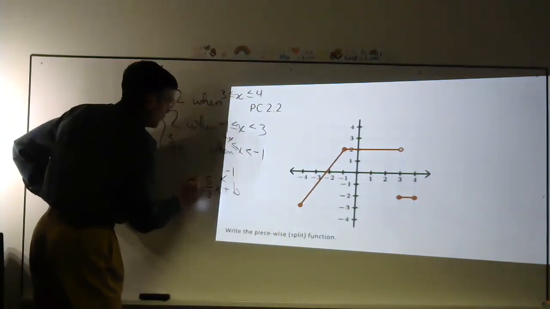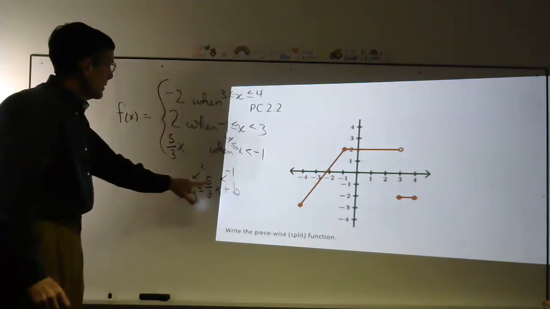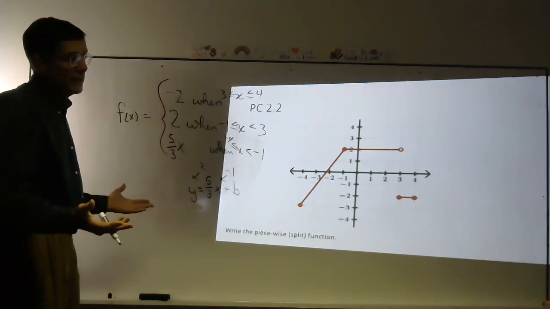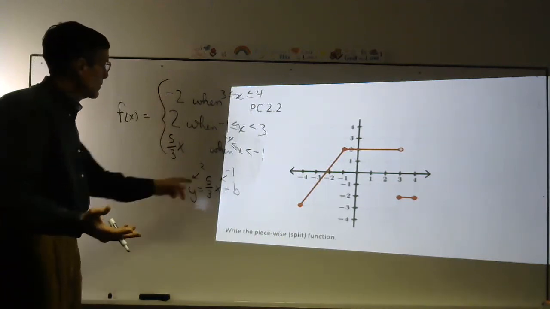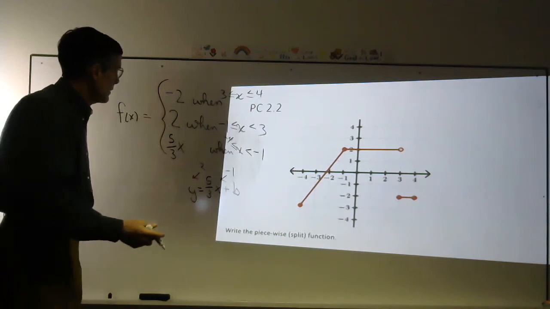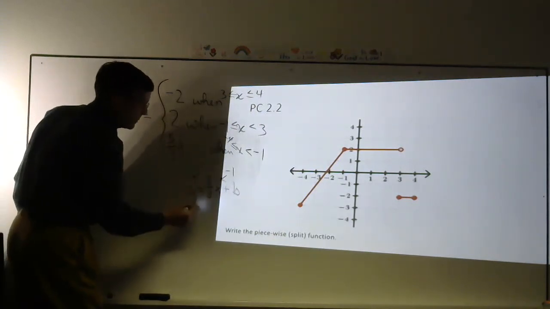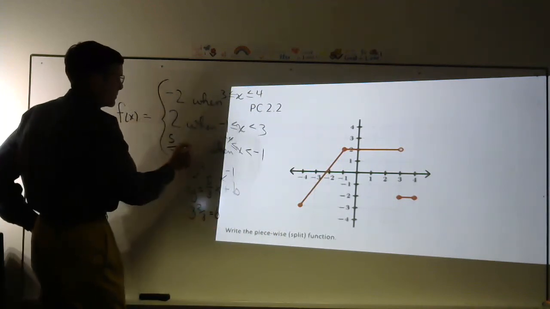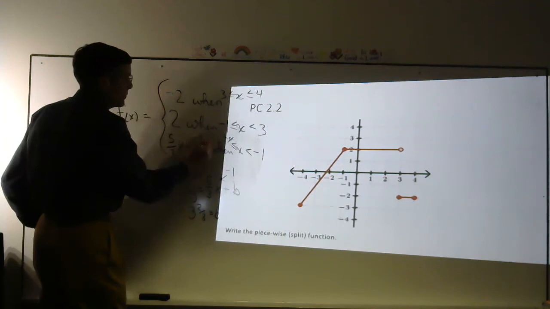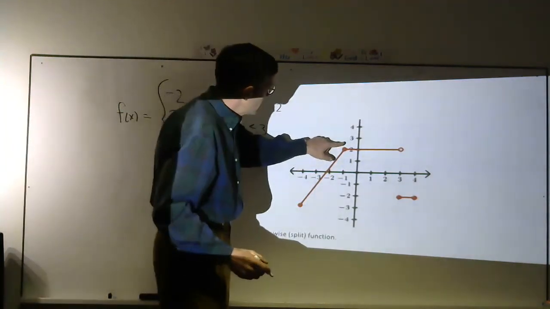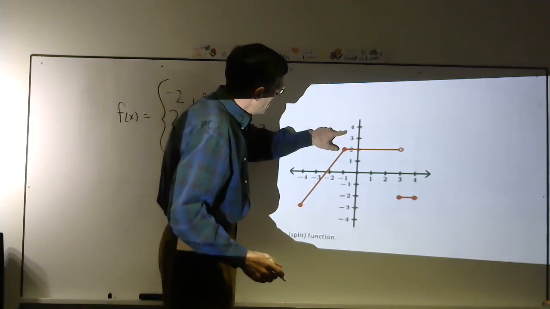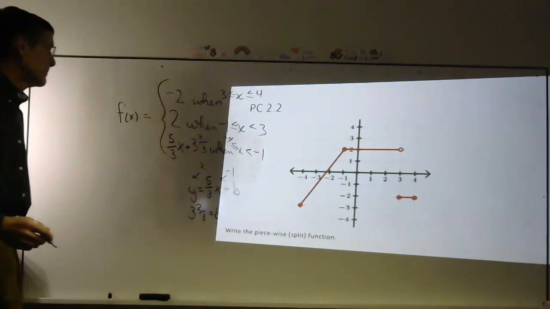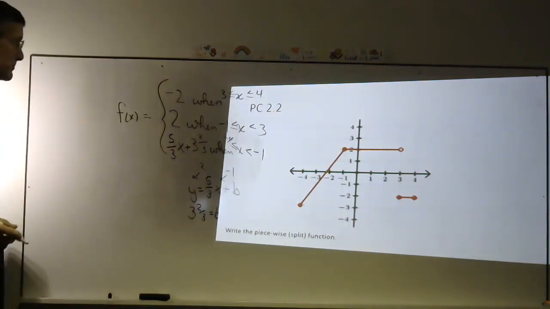If I put -1 here and 2 in here, this gives me -5/3 or -1 2/3. I can add that over to 2. So if I add 1 2/3 to 2, I get 3 2/3 is b. So it's 5/3 x plus 3 2/3. And if you look here, you go up 5/3 and over 3/3. That is exactly 3 2/3. That was a tricky one.